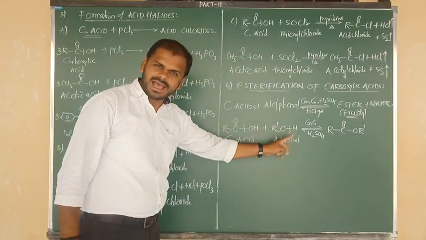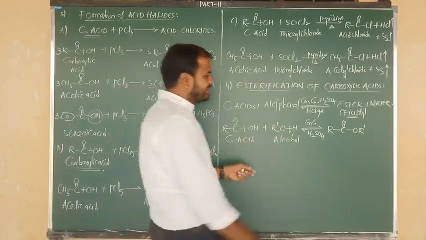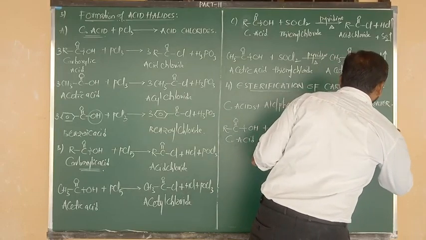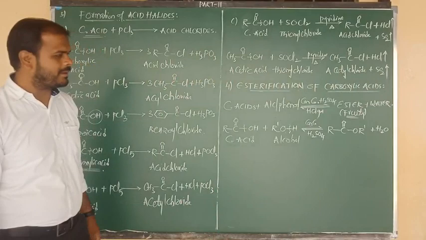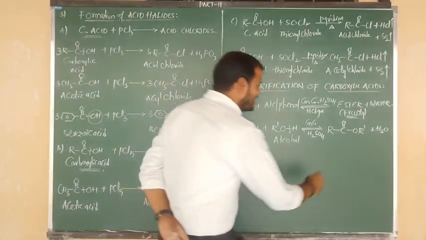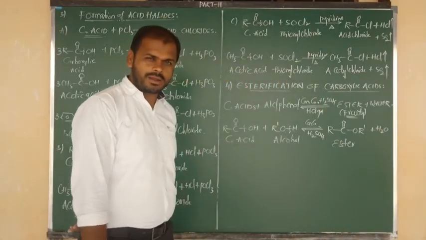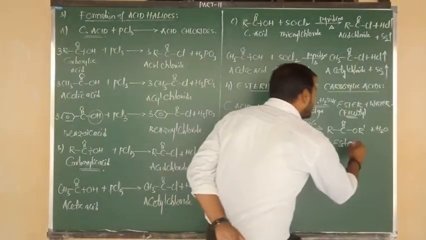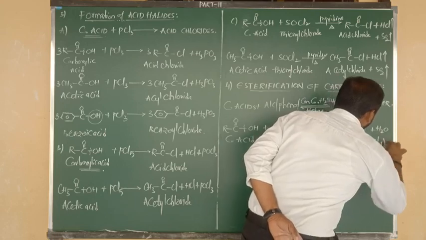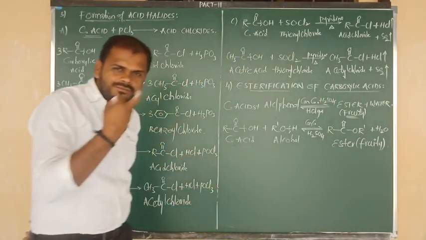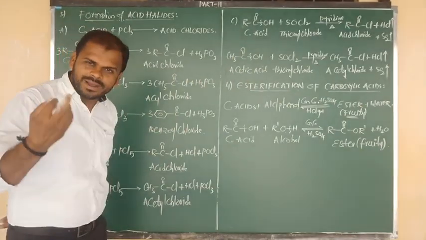Now H plus from alcohol combines with OH minus from carboxylic acid, and it is eliminated in the form of a water molecule. So in that way, finally the product we get is nothing but an ester. And that ester has an odor, a smell. The smell is nothing but a fruity odor. Clear? Yes.